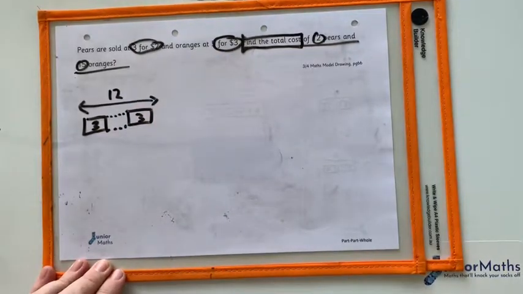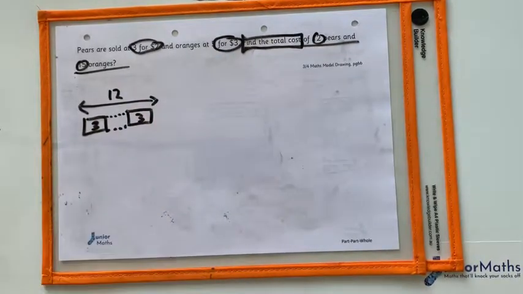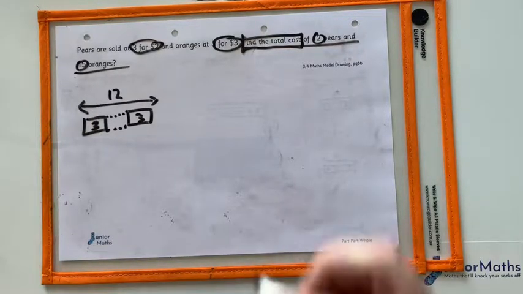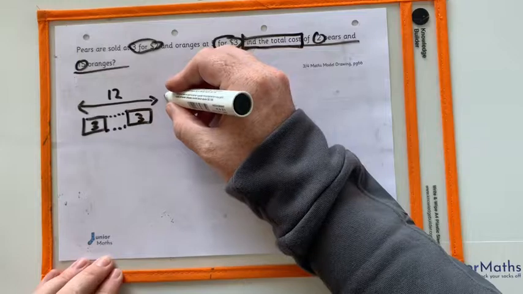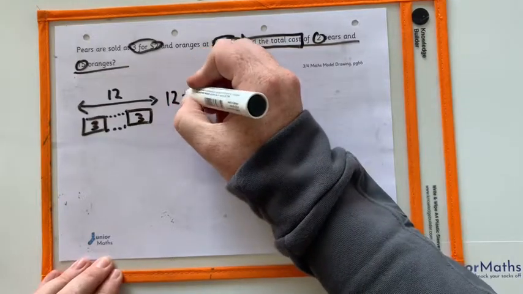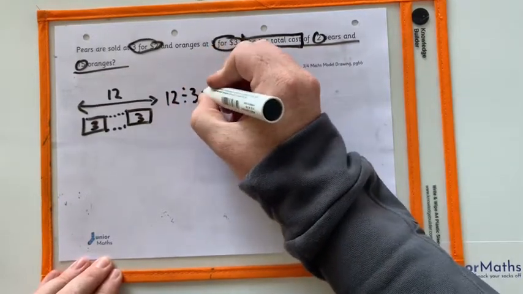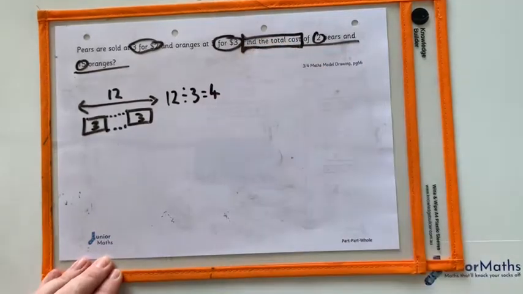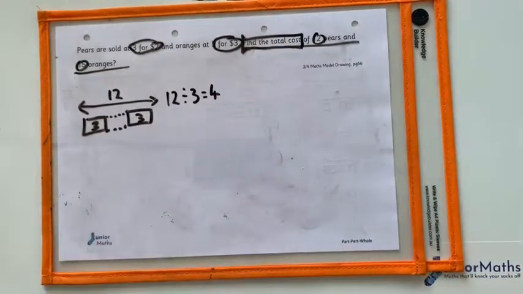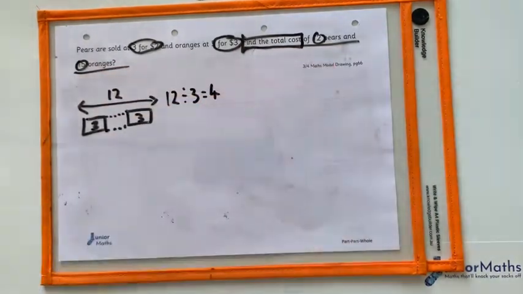We need to find out how many lots of 3 we would need to buy. 12 divided by 3 equals 4. So we would need to buy 4 lots of pears to get our 12 pears.